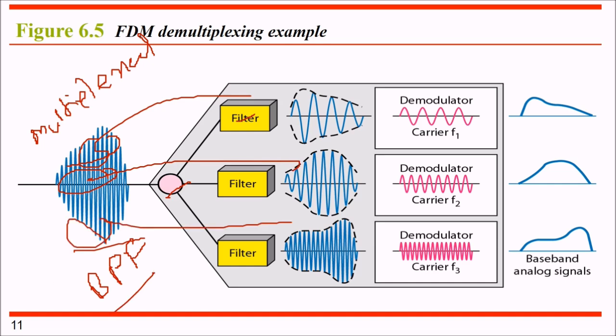Only this will be filtered. And the demodulator takes out that frequency and passes the signal which was sent by the sender. This was sent by the sender and received by the receiver as it is. So these are baseband analog signals sent through the transmitter and received at the receiver using multiplexing and demultiplexing.